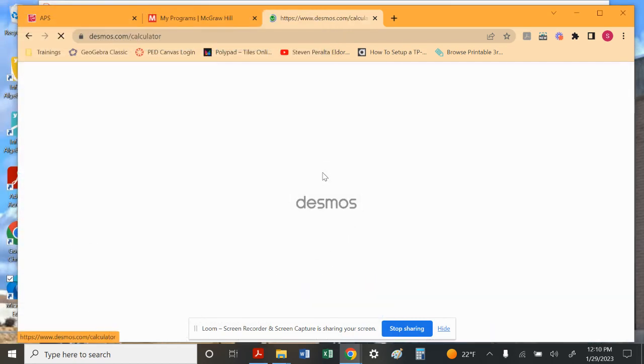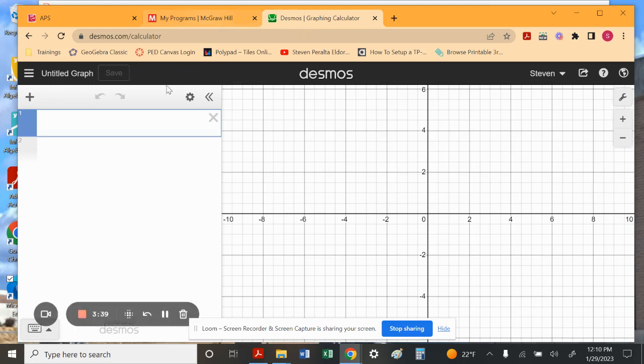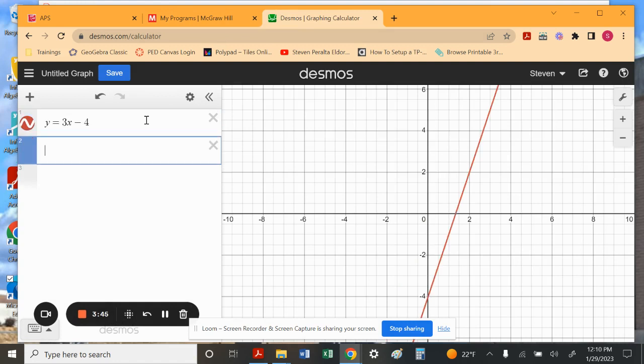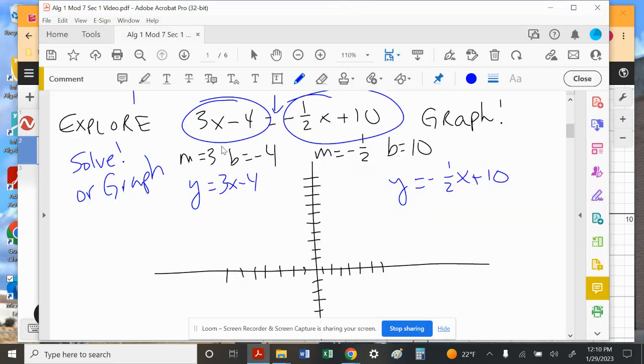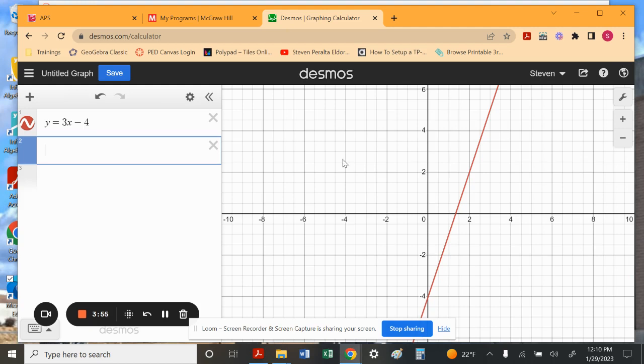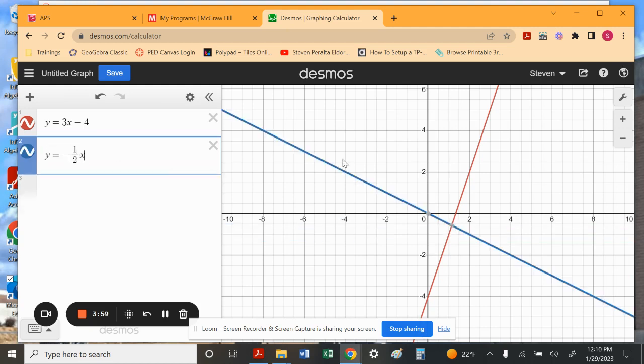If we go right to the graphing calculator, we have y equals 3x minus 4. That's my first equation. So that's what we had in that very first equation there. 3x minus 4, and then negative 1/2 x plus 10. So if I come over here, y equals negative 1/2 x plus 10.